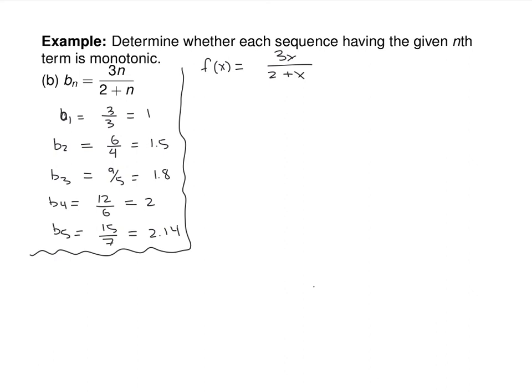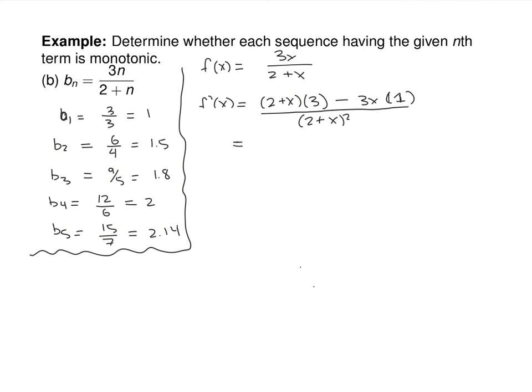So we're going to find the derivative of this function. So we have to use something called the quotient rule. So that will be low d high minus high, derivative of the low function, all over low squared.